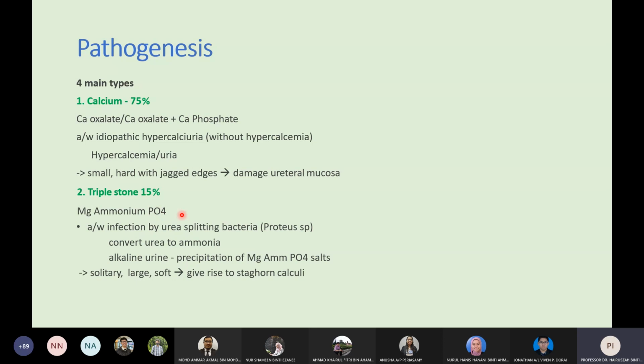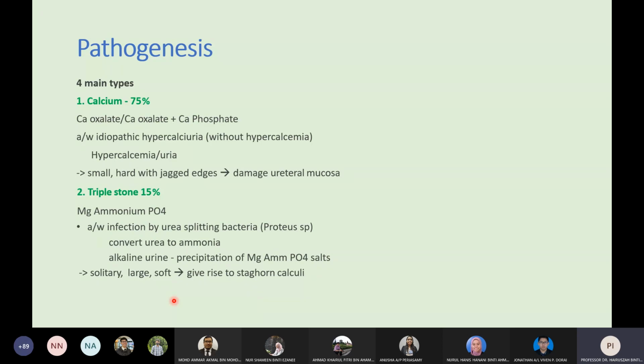So that's why we call it triple stone. This one tends to be big, and it conforms to the structure of the pelvicalyceal system in such a way they look like staghorn.